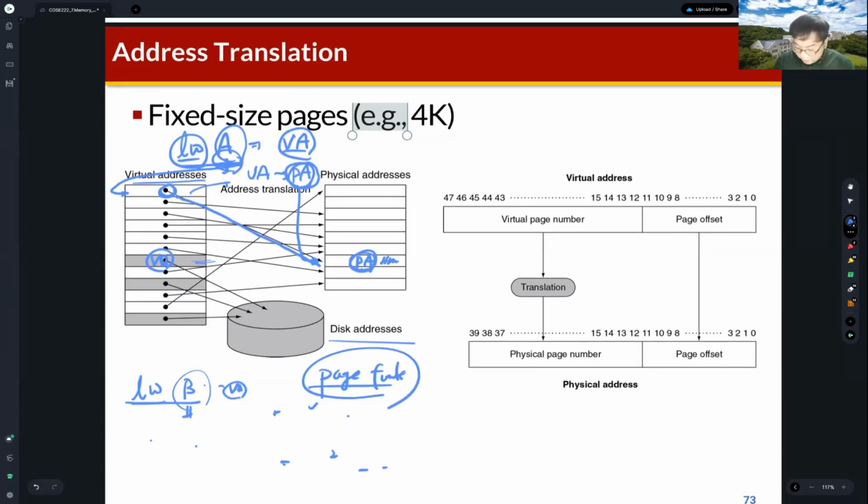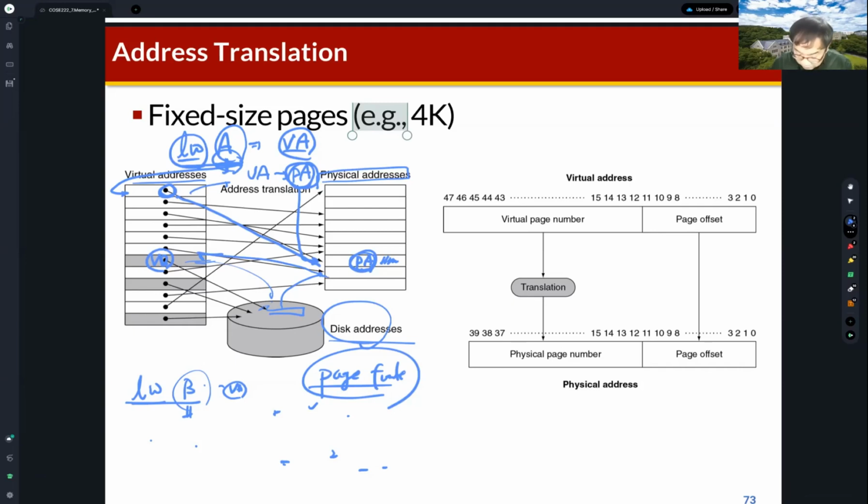Okay, then the operating system needs to access the disk space, which means the data structure on disk, and then this data is transferred to the physical memory, and then this data is transferred to the process.